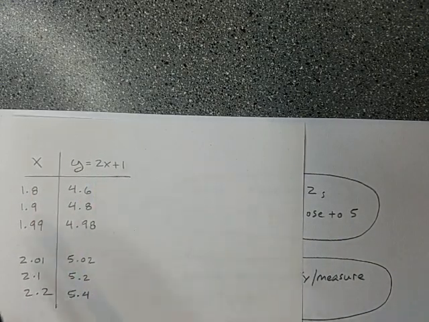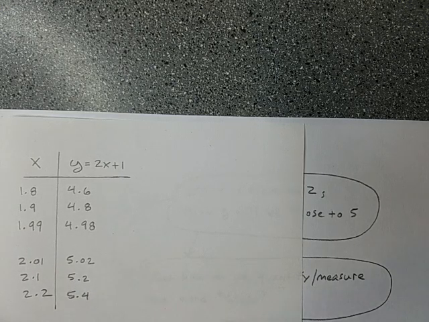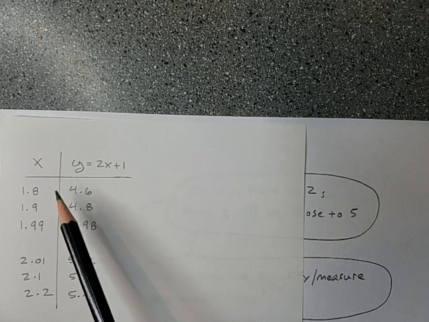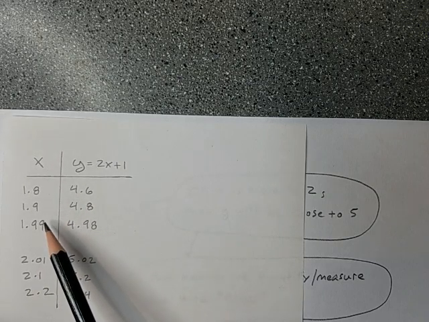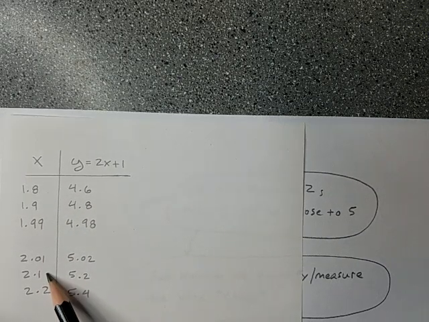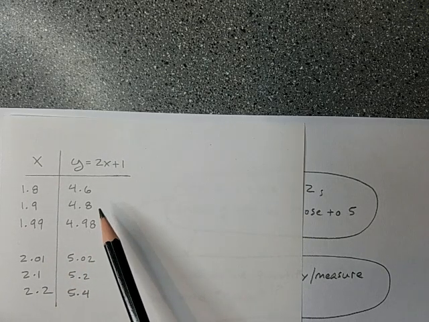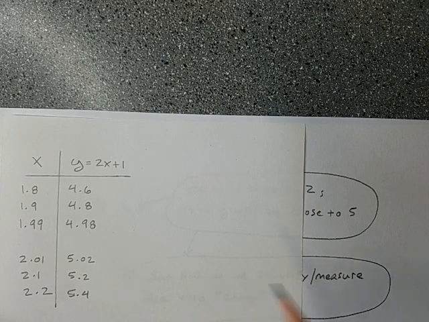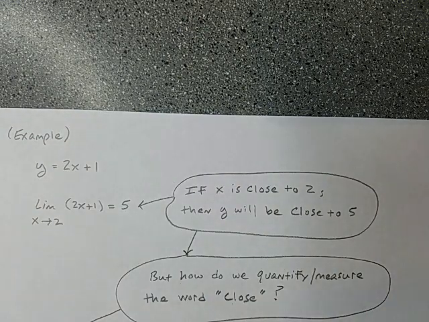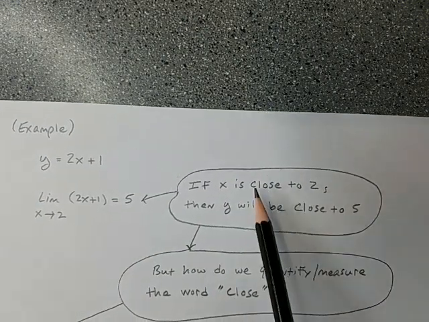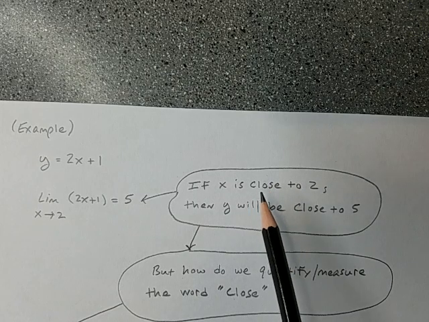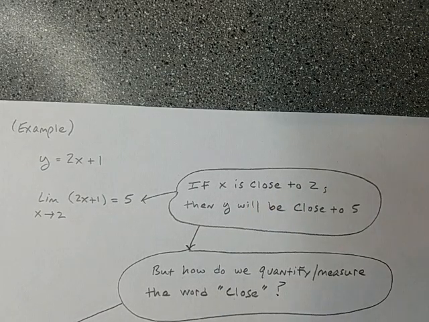I've made tables like this in other videos addressing this topic. You can see that if x gets closer and closer to 2 from either direction, that will cause y to be closer and closer to 5. So far that's what I've told you. But just to say "close" is not very precise.